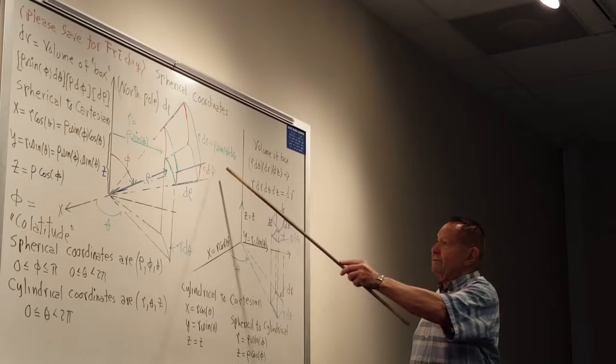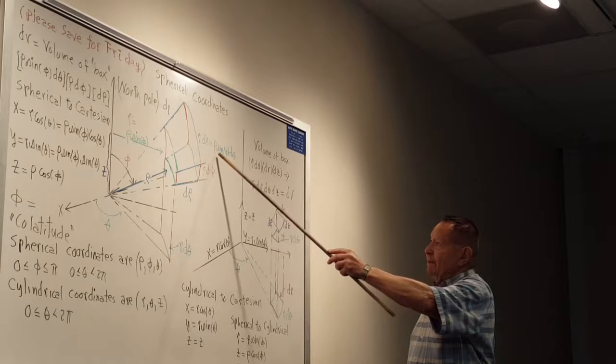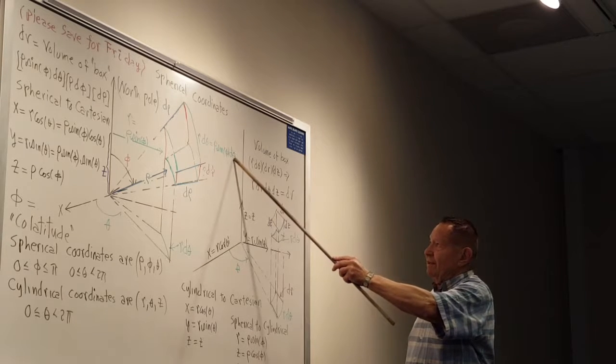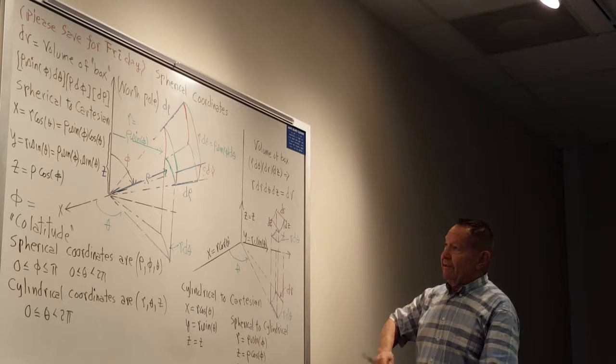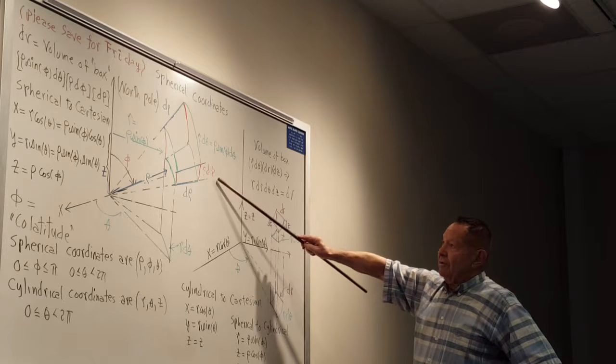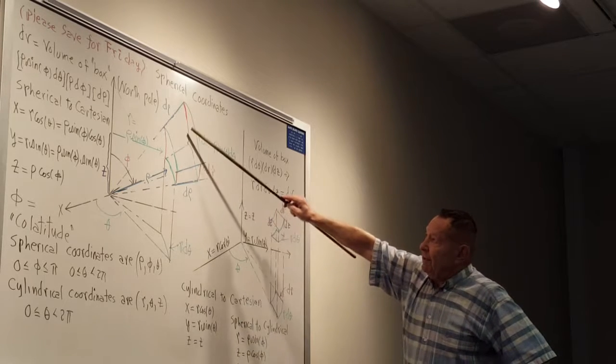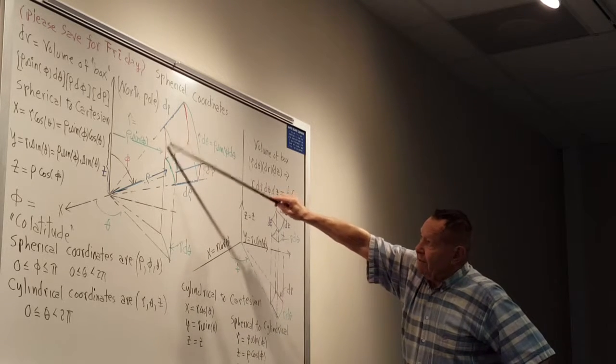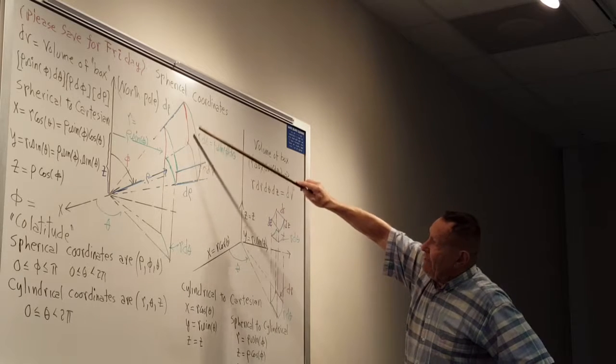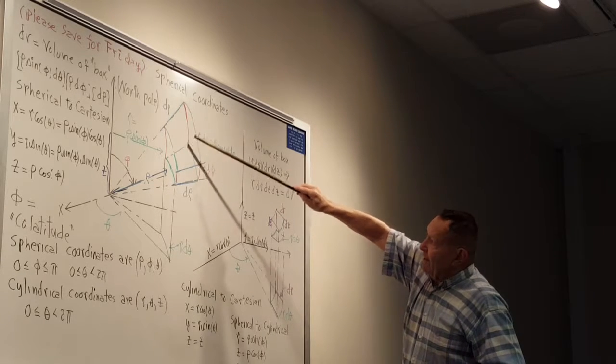So those would be rho sine phi d theta, and then the rho d phi would be the ones that are coming down like that.